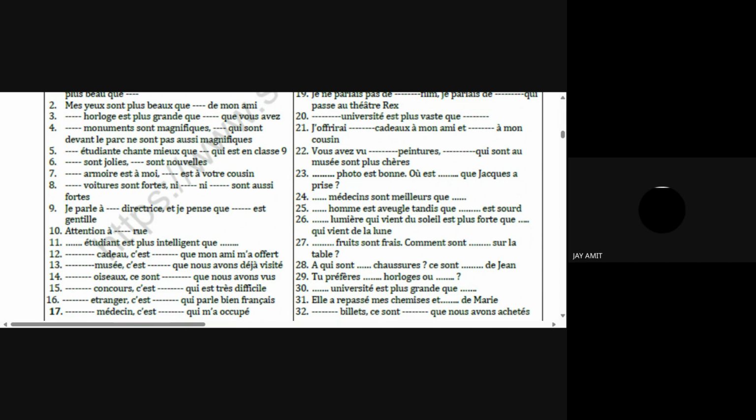The ci and the là, for close and far. Is there any indication word?